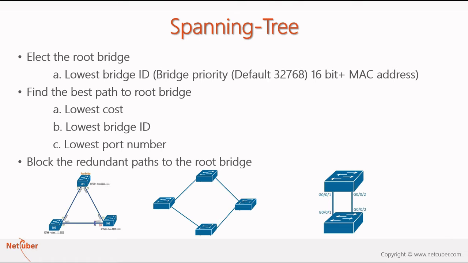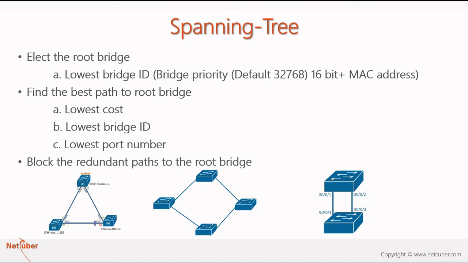So imagine it has the same cost, the same bridge ID, and multiple paths. How does it prefer a port, which port number? It always checks from the root side. It is not the local port number that it checks. In our third picture, gig 0/0/1 and 2 are connected to another switch.